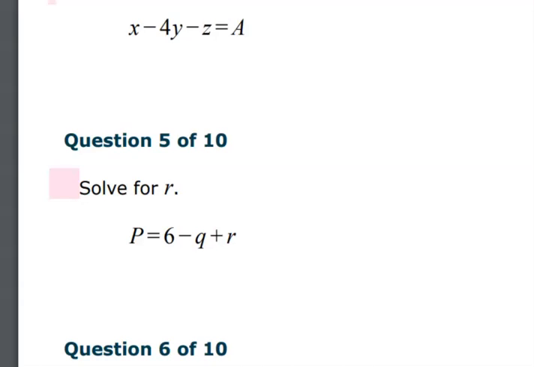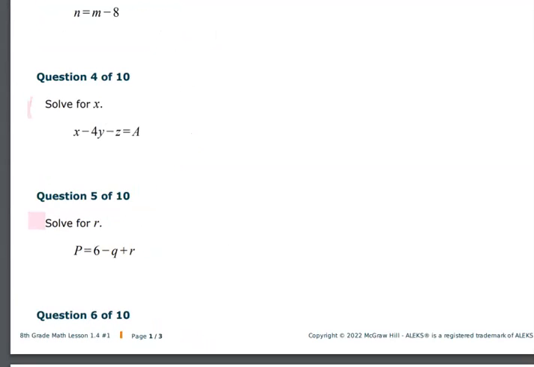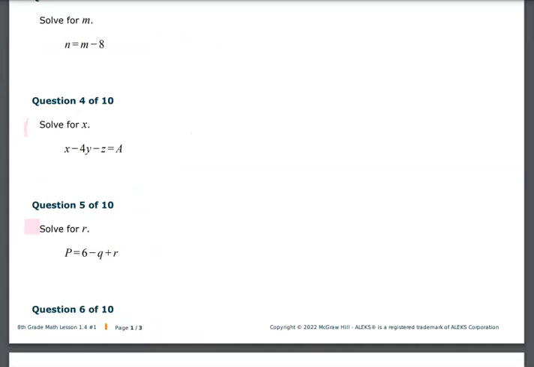I am solving for r. So I'm going to read my equation. p equals 6 minus q plus r. So from here, I'm going to write out the equation for you guys to see. 6 minus q plus r.